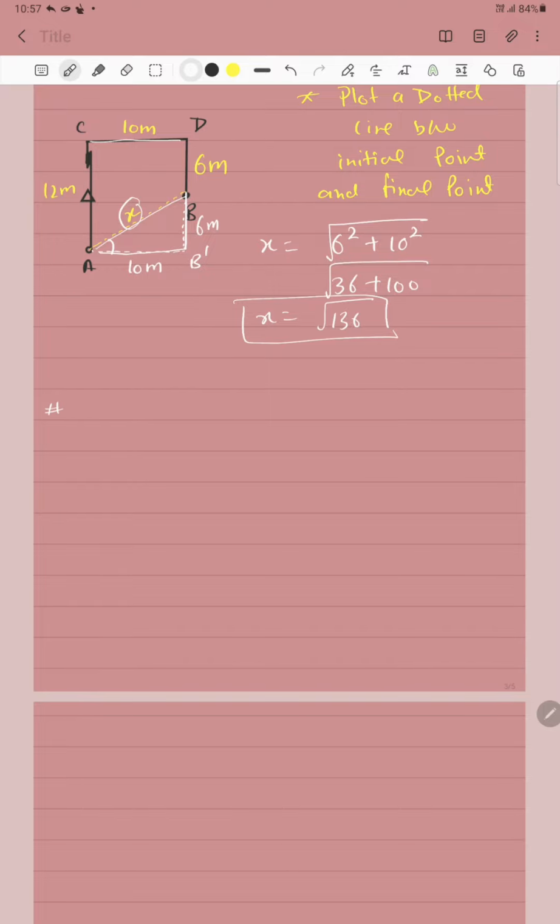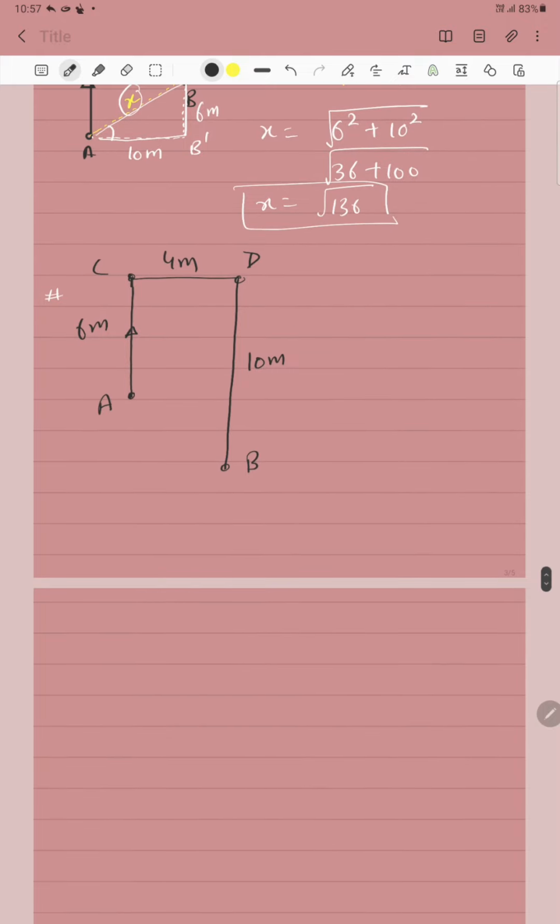You can do one more thing, students. Suppose the object starts from point A and goes to point C, then goes here to point D, then comes here at point B, right? Suppose this is 10 meter, this is 4 meter, and this is 6 meter, right? If I ask you to calculate displacement, then follow that simple thing.